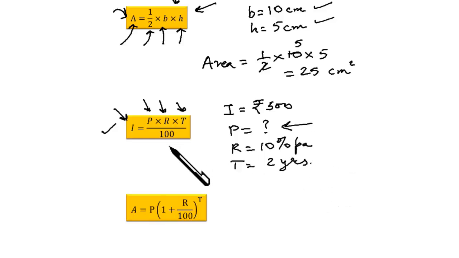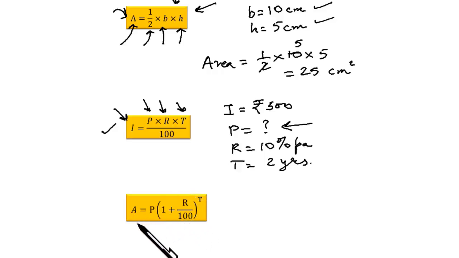So algebra will also help us to find out the principal. It's not like you can only find the interest all the time. You can also find the principal or the rate or the time period given the other three. So if in the above formula, the area is given and the base is given, we can also find the height. It is the reversal also that is possible through algebra.